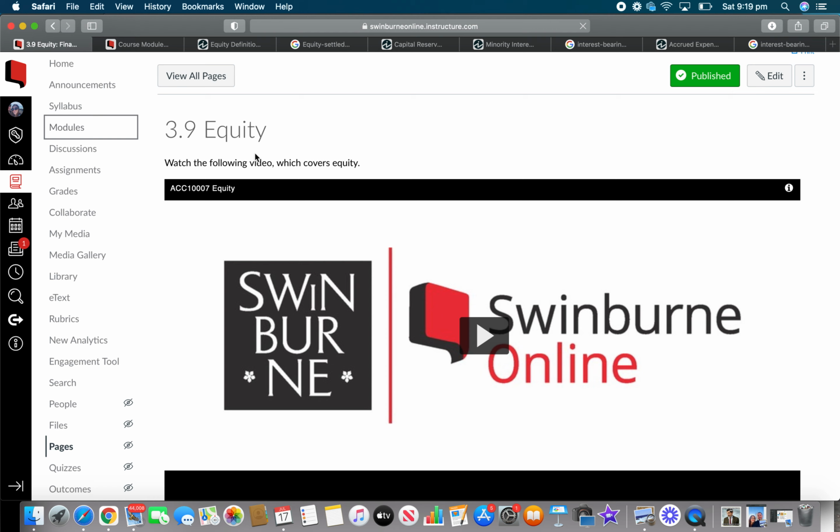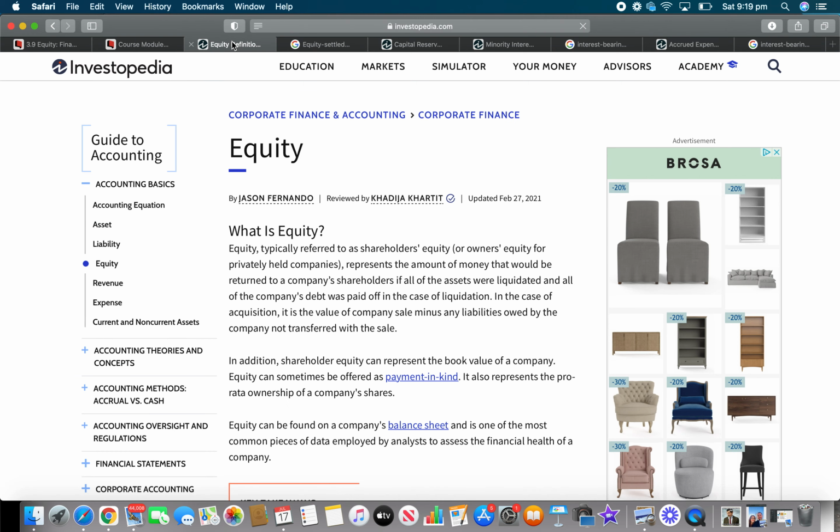Now, equity is basically the amount that a shareholder or whoever's invested in a company could run away with at the end of the day. I find Investopedia really helpful, despite it not being a resource that you should ever quote within any assessment because anyone can adjust it.